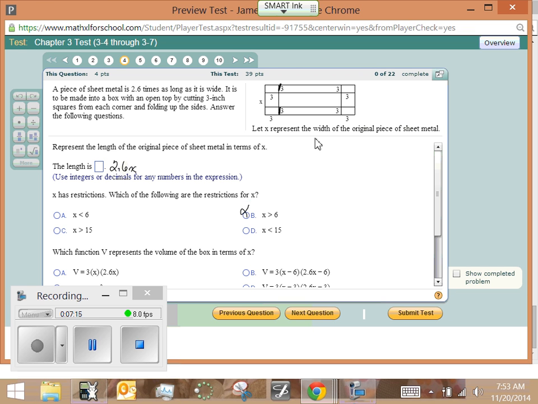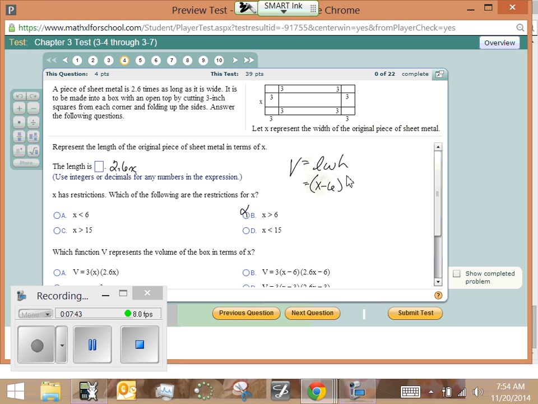Now they want to know, how can I represent v, the volume of this function? Well, volume is length times width times height. Right now, if we think about this, our width in this case is going to be x minus 6.